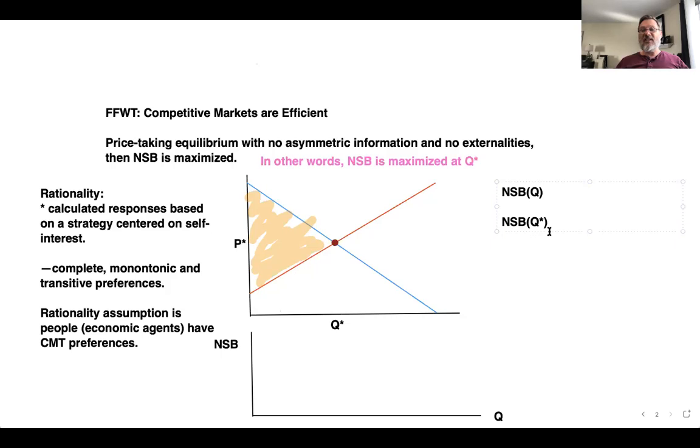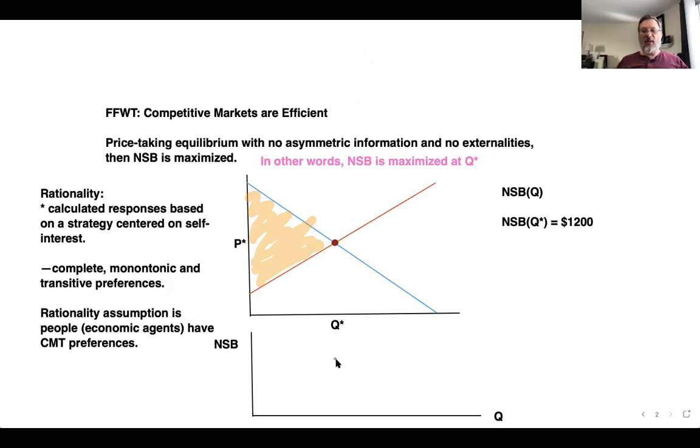Well, let's just give this a specific value because this might make it easier. We'll just say, for example, let's say this equals, and notice that net social benefit is quantity times price, right? So it's going to be a dollar amount. Let's say it's like $1,200, right? So I can put a point here just to make it look good.